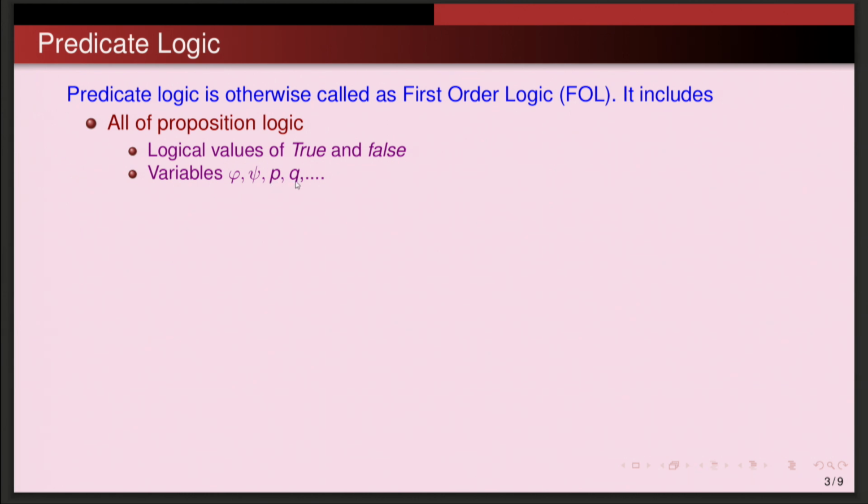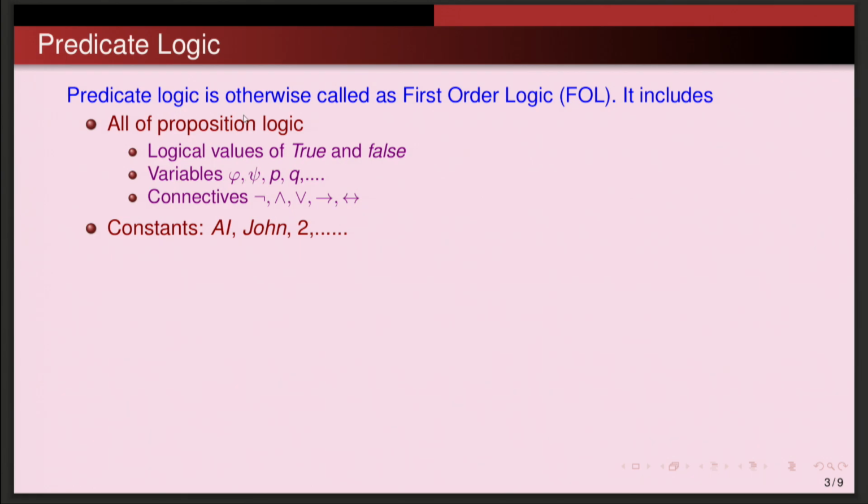P is just a fact, a single literal; we call p a literal. Then the connectives: not, which is the negation, which we saw earlier in the proposition logic; and, which is the conjunction; or, which is the disjunction. This arrow towards the right is called an implication, and a line with a double arrow on either side is called an equivalence symbol.